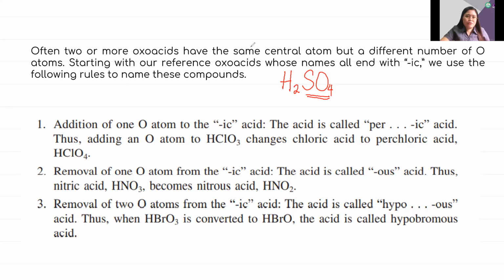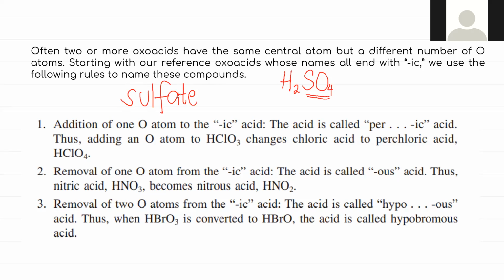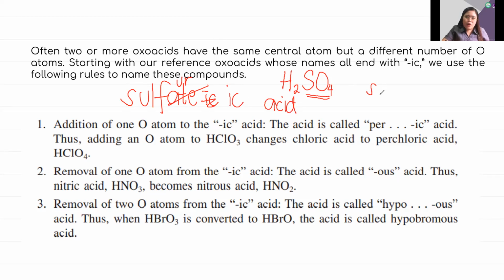SO4 is sulfate. So what are we going to do? Get rid of the ATE and use IC instead. Sorry, it should be sulfur. It ends in IC, but complete the name, sulfur, and then add acid. So we call this sulfuric acid.